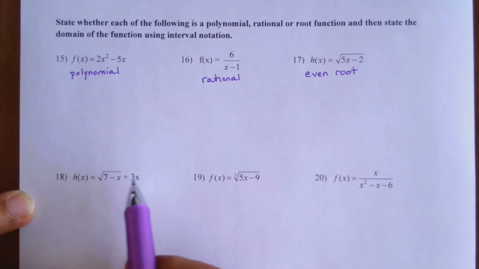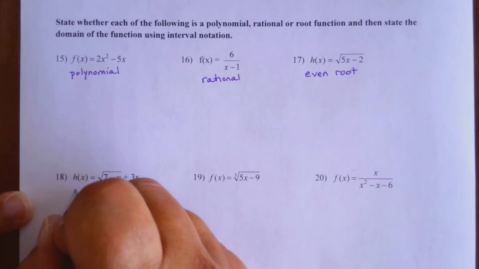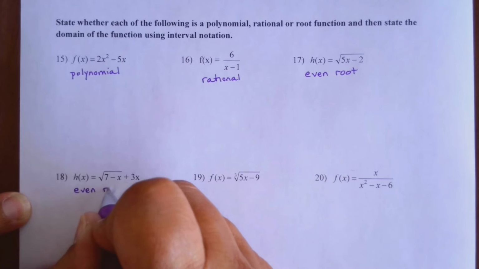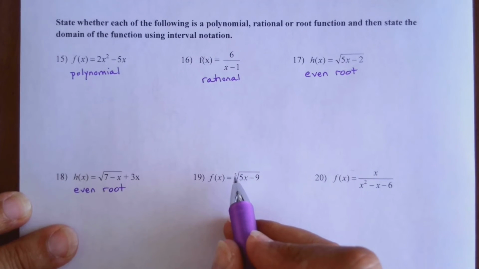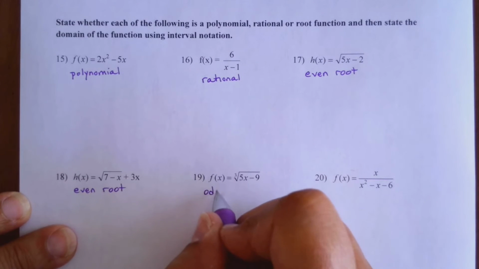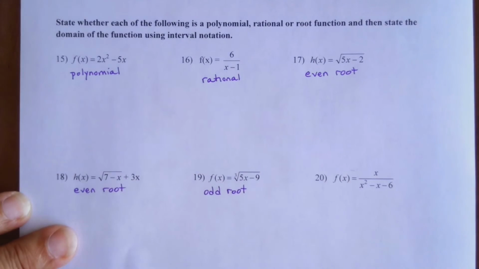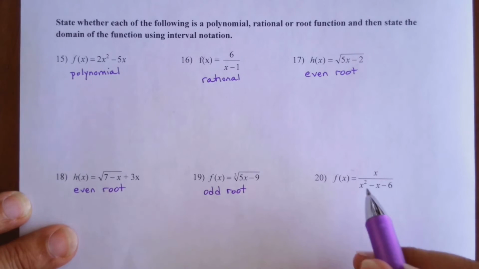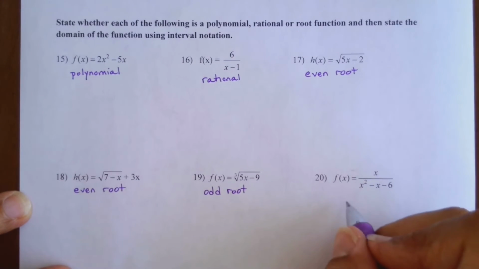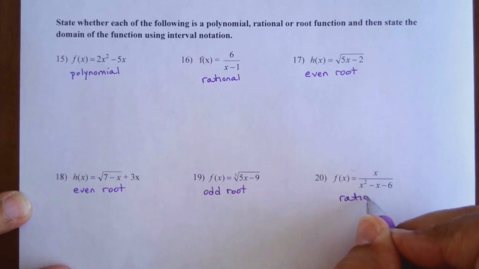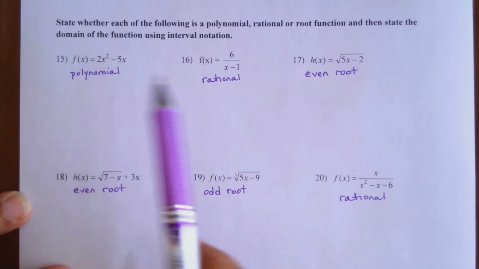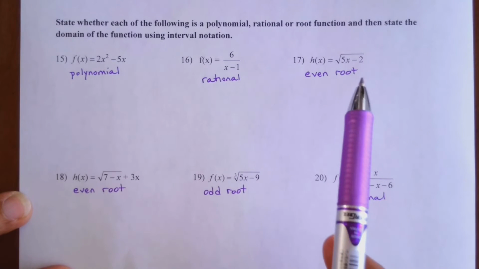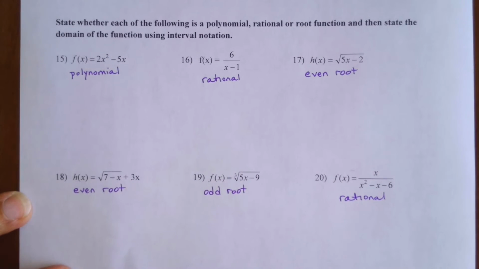This has a square root, so that's an even root function. This is a root, but it's a 3, so this is an odd root. And lastly, we got a variable in the denominator, it's a fraction, so this is another rational. So in this set, we have 1 polynomial function, 2 rational functions, and 2 even roots and an odd root.